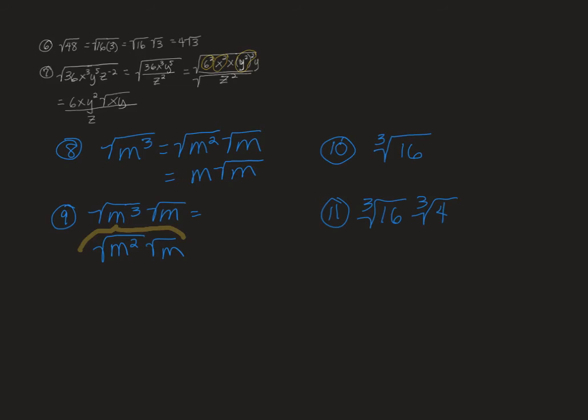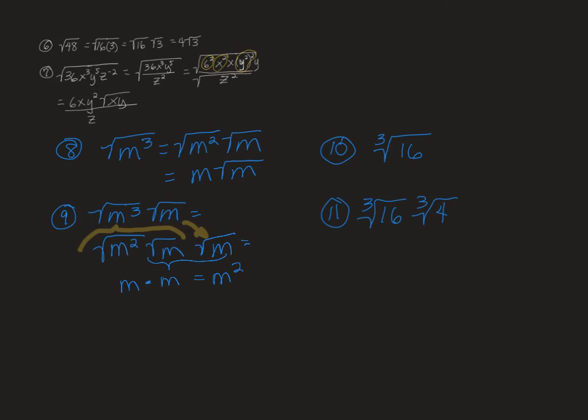But you still have this square root of m remaining. So we have this equal to the square root of m squared is m, and then square root of m times square root of m, well, that equals m as well. So our final answer is m squared.